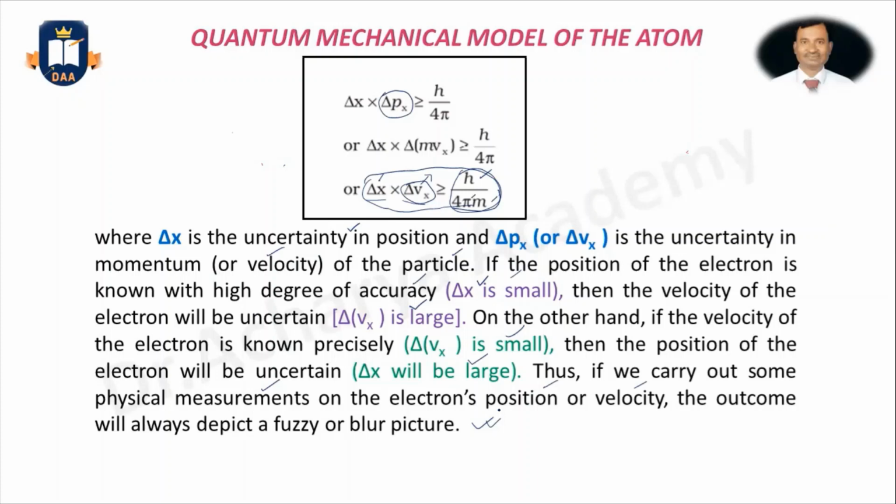I hope that you clearly understood the dual nature, that means particle and wave properties of a particle or object, and the uncertainty principle, and their mathematical expression and explanation.